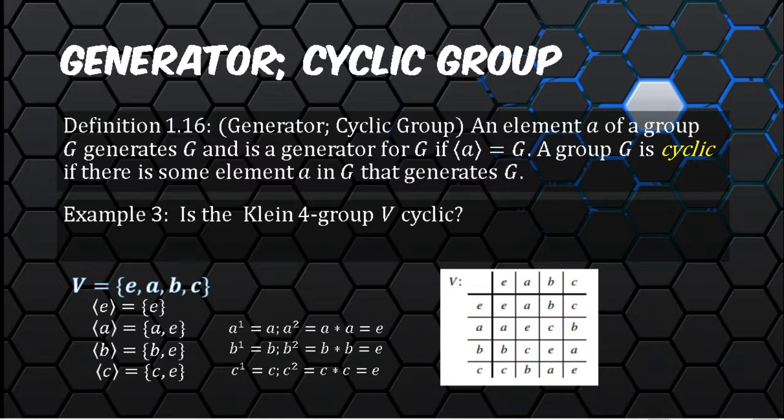Alright. Example 3. This is the dihedral group. And I actually computed already the subgroups. Now the question is, do you think this is cyclic? Is this group cyclic?